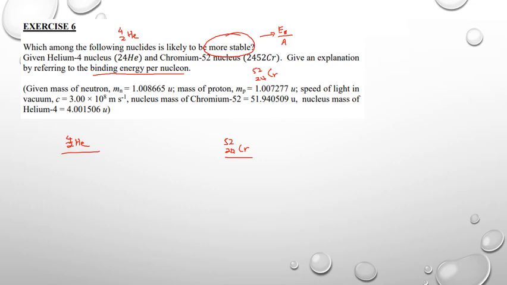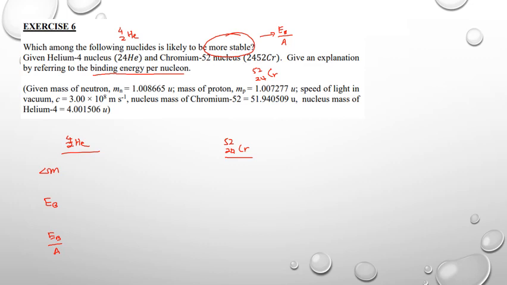You start off from delta M, and then you calculate EB. After that, you calculate EB over A. Once you have the value, you compare the binding energy per nucleon for both of them and see which one is greater. The one with the larger value is more stable.